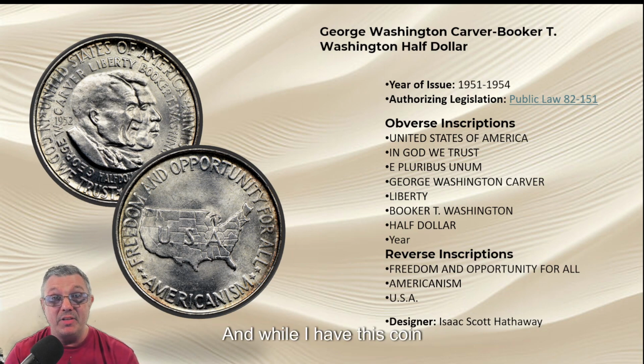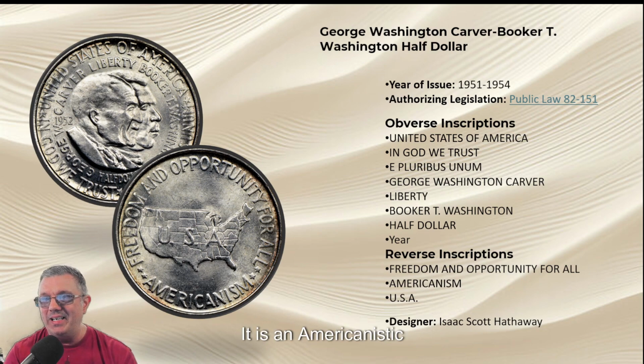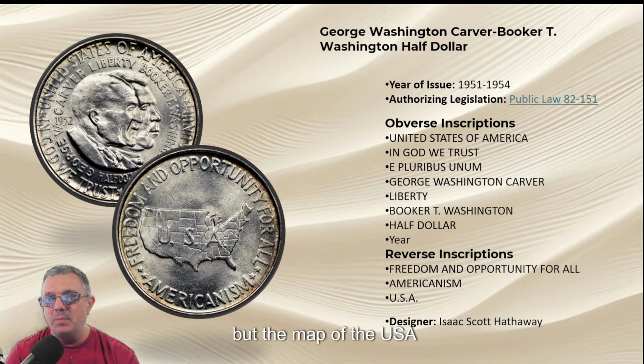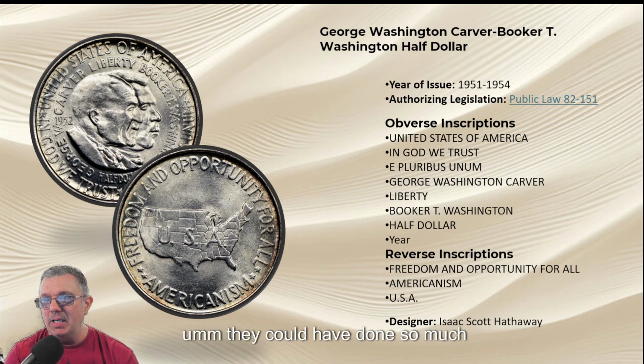And while I have this coin, it's nice, it's collectible, but it's not one of my favorites. And unfortunately, Isaac Scott Hathaway, in my opinion, dropped the ball. I know a lot of people like this. It is an Americanism style reverse, but the map of the USA, they could have done so much better.